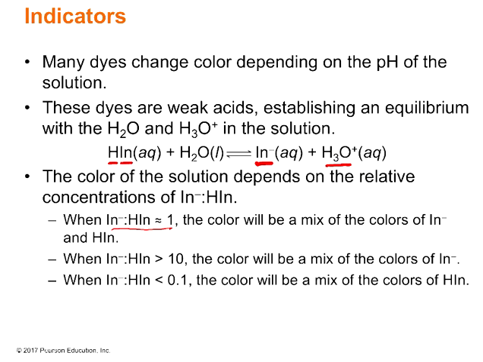Now, when the ratio is greater than 10, so we have more of the conjugate base form, the color will just be the color of the conjugate base. So for phenolphthalein, that would be pink. And then when the ratio is less than 0.1, the color will just be the color of the weak acid form. So for phenolphthalein, that would just be colorless.